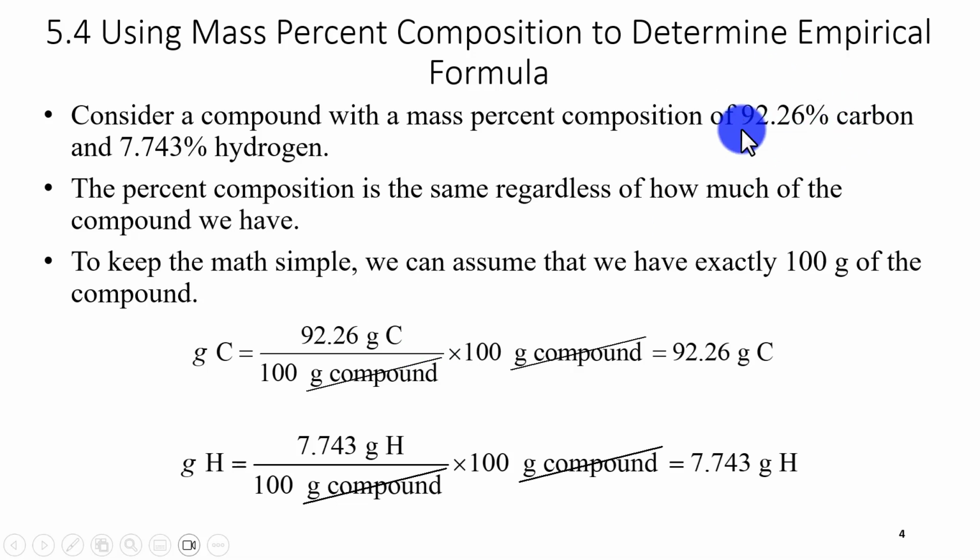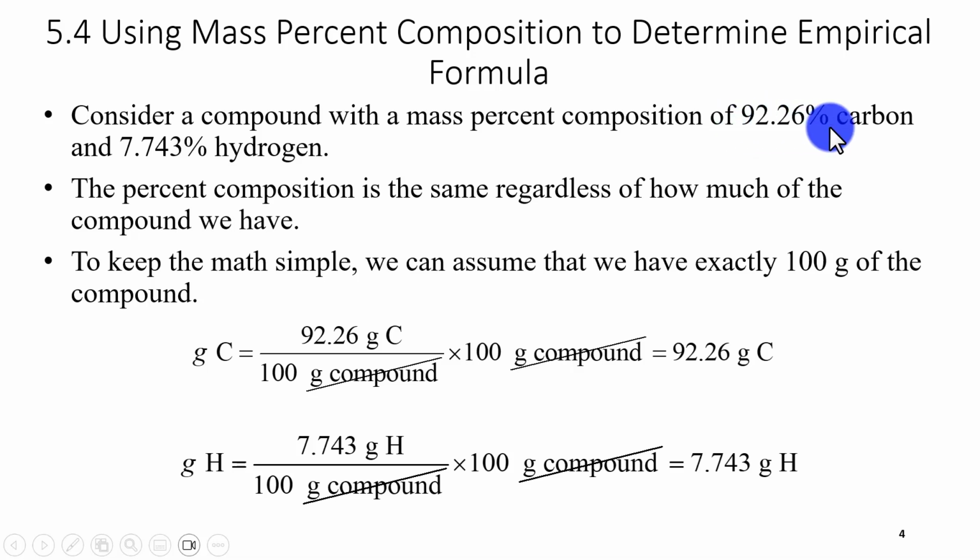So that's why the 100 grams comes in easy, because this is a percent, right? It's 92.26 over 100. And if I assume 100, then that will cancel out, giving me exactly the amount in grams that is exactly the same as my percent composition. That's why we like to use 100 grams here.